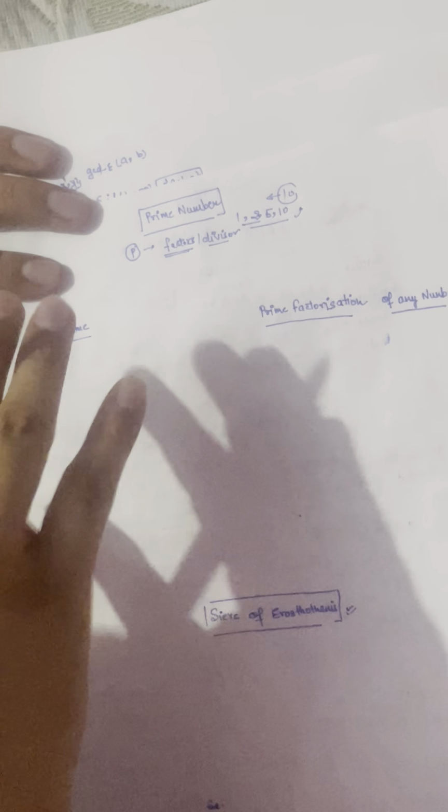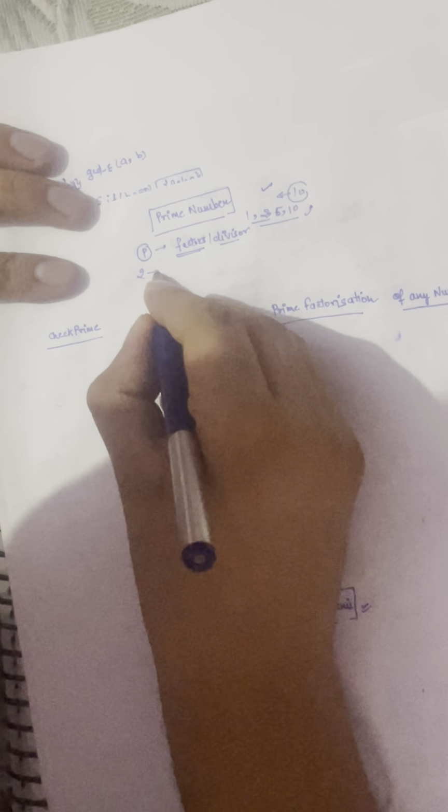If we are finding all the divisors of a number and the count of those divisors is 2, with 1 as well as the number p itself.